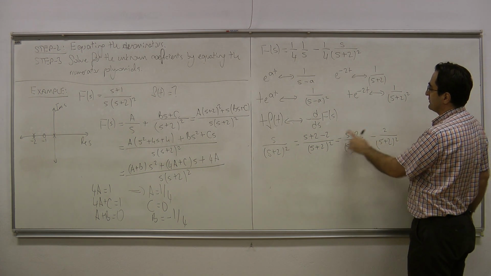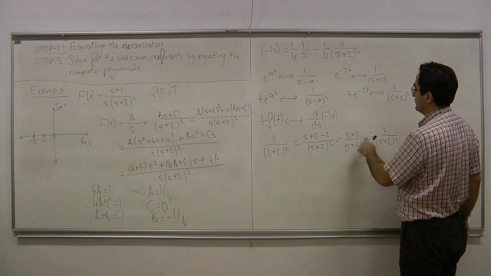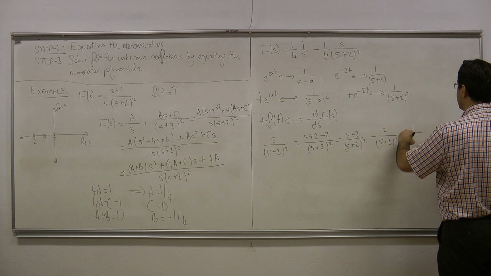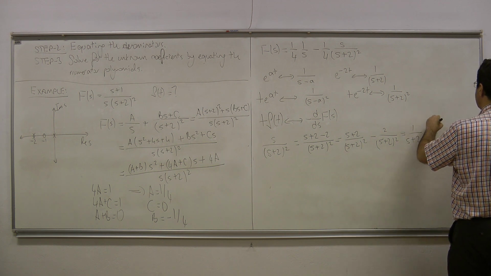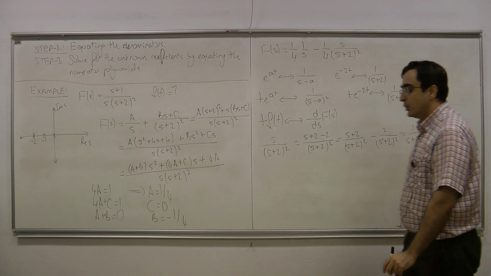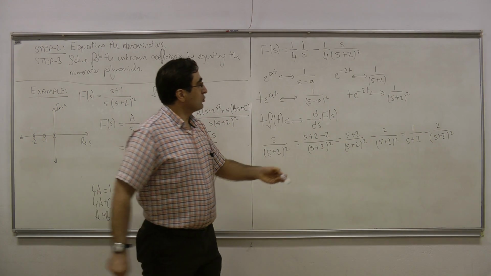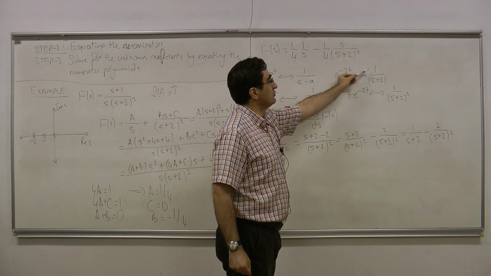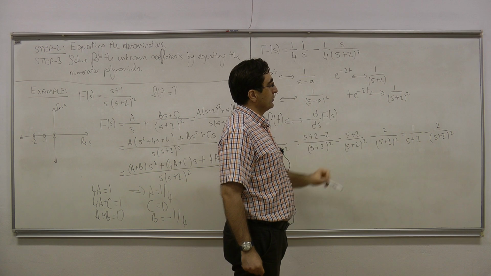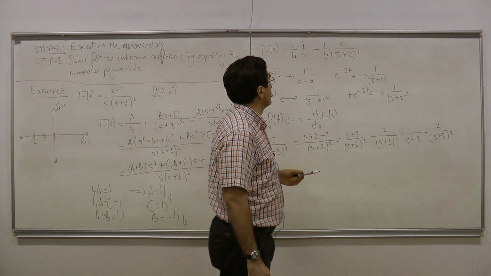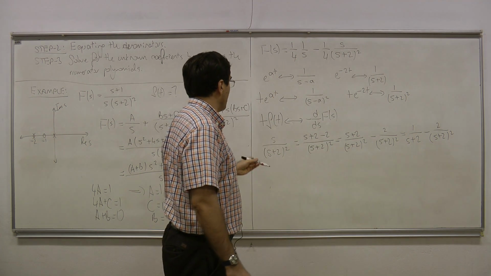So here I cancel one of the s plus 2's with one of the s plus 2's in the denominator. It will give me 1 over s plus 2 minus 2 over s plus 2 squared. So you see that this complicated Laplace transformation can be written as a linear combination of these basic Laplace transformations here. So now I'm ready to invert both of these terms.